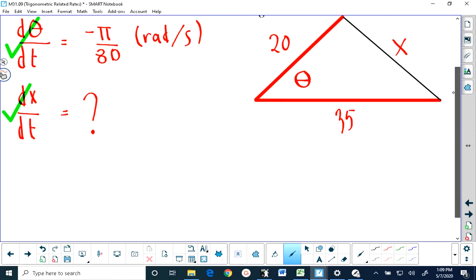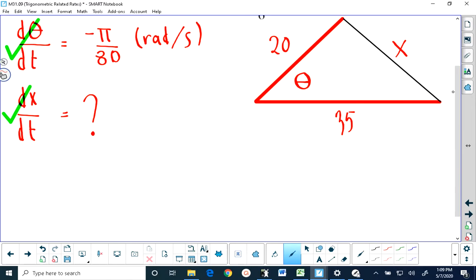So we need to come up with an equation relating theta and x based on this diagram, and we're going to use the cosine law. If you were doing this on any type of evaluation, you would be allowed a formula sheet, and on the formula sheet, the cosine law would be given to you, or it would be given to you as part of the question.